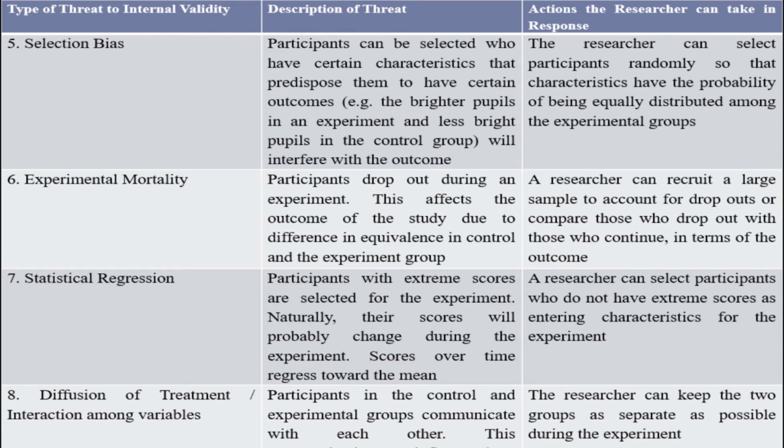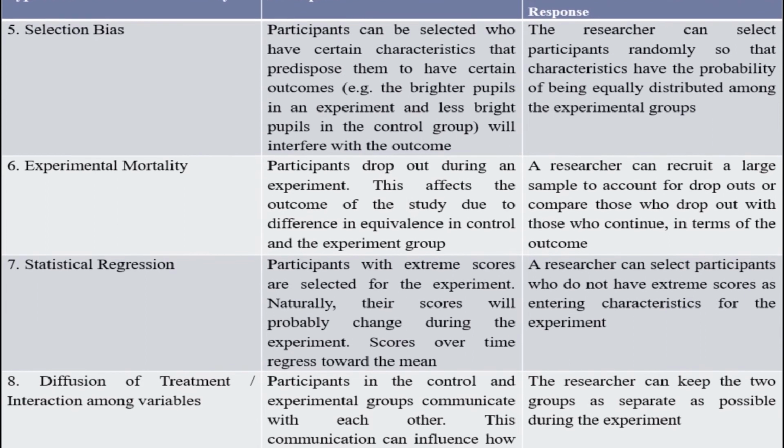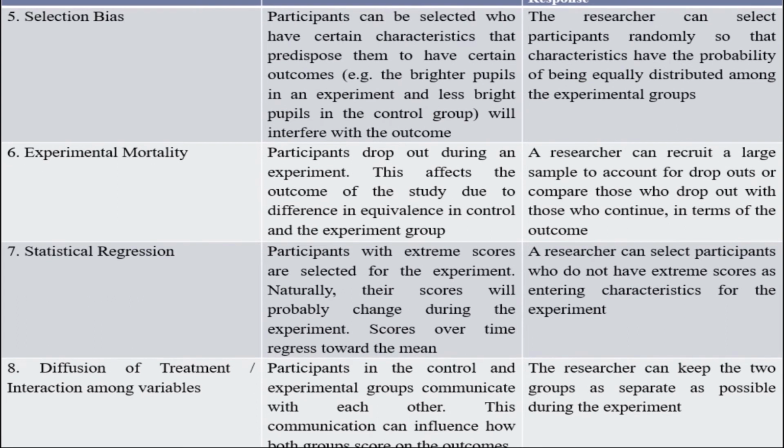The other threat is diffusion of treatment or interaction among variables. This is where participants in the control and experimental groups communicate with each other. This communication can influence how both groups score on the outcome.